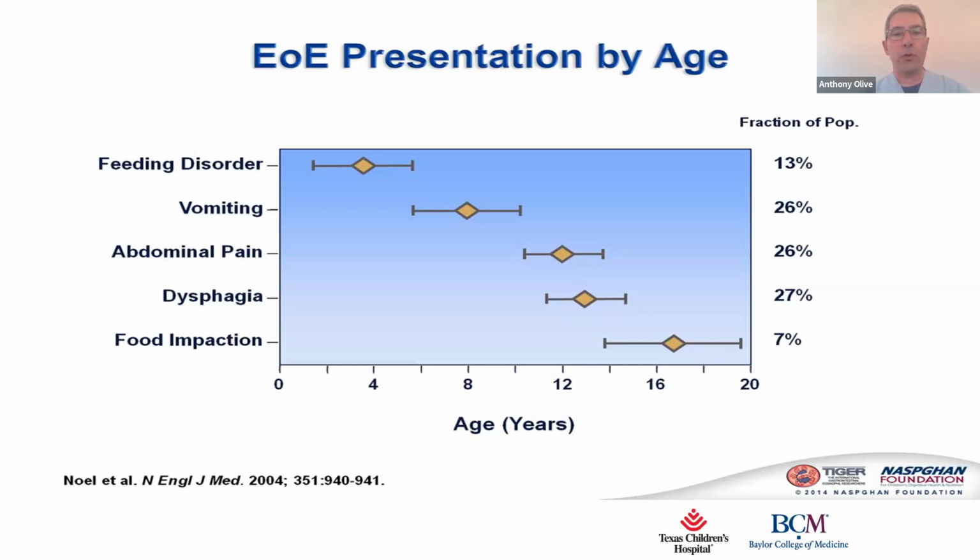Whereas older individuals, preteens and teenagers, may present with the more classic adult type symptoms of dysphagia, swallowing difficulty, or they actually can report the swallowing difficulty to you in food impactions.